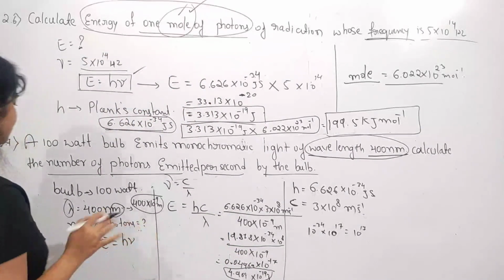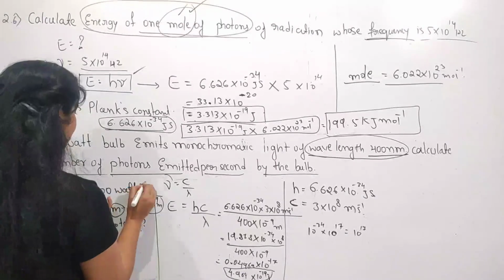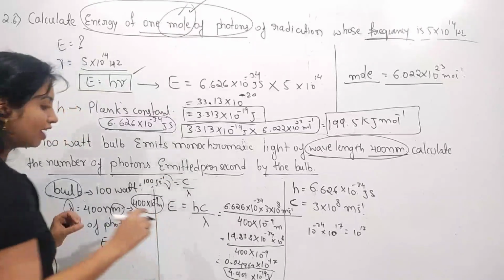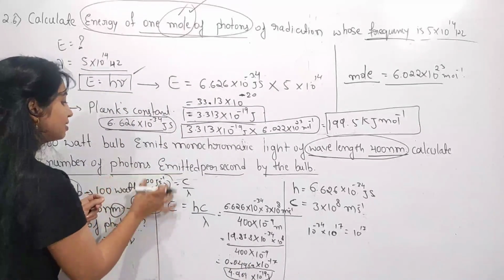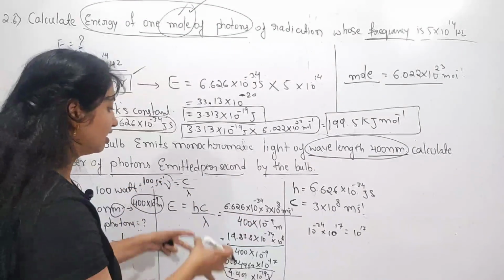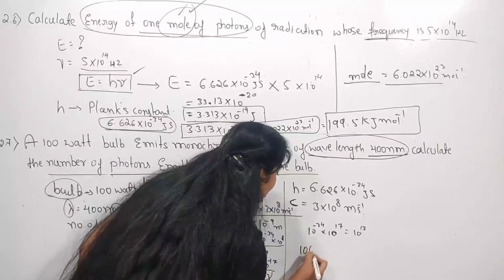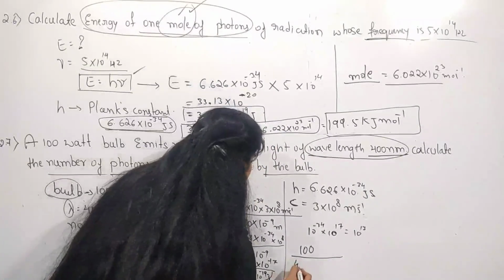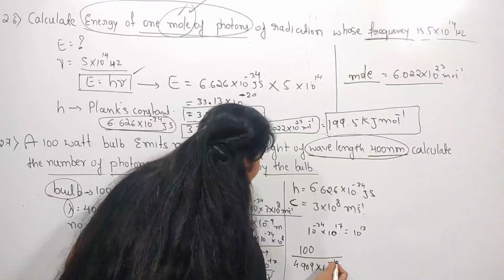But they told us the power of the bulb is 100 watt. 100 watt means 100 joules per second. This much energy is provided by one photon, so how many photons will be provided by 100 joules per second? That's why I write 100 divided by 4.969 into 10 raised to minus 19.